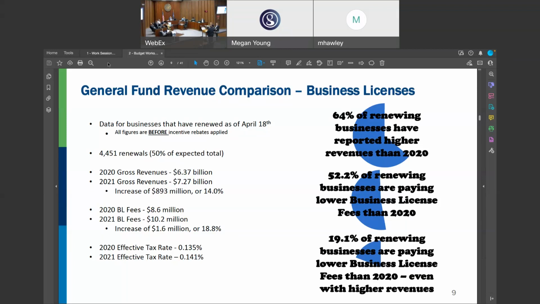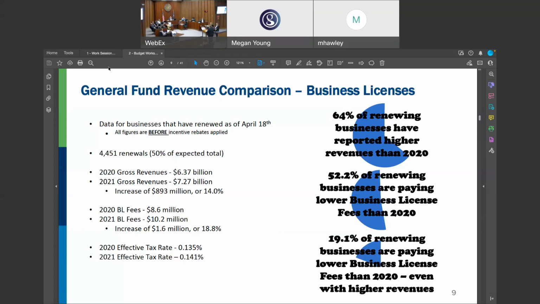And so, on every $1,000, you're talking about a handful of cents on revenue. About 26% of businesses that have renewed so far are paying lower fees this year, even if their revenues increase. So the impact of our new rate structure is showing the projected favorable variance that we showed you all when we built it.